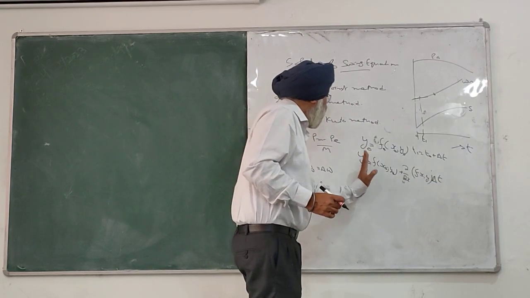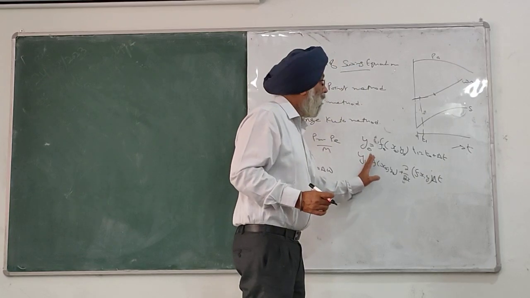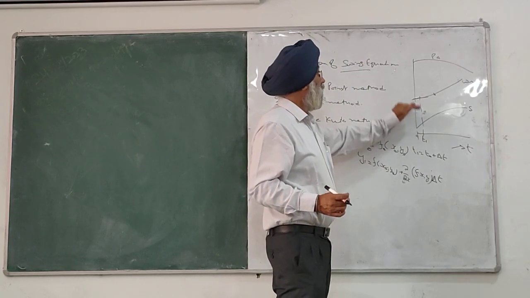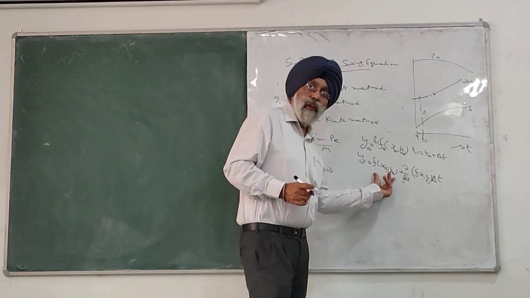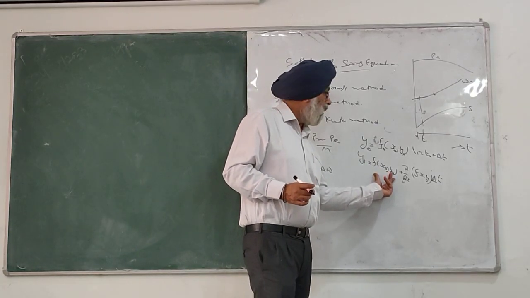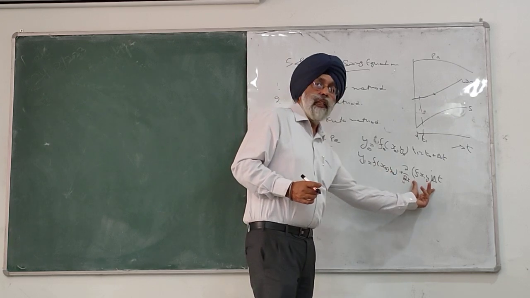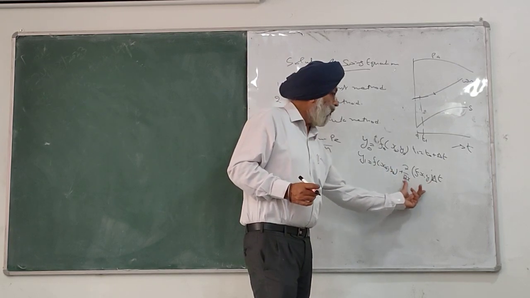So the new value of y1, or new value of delta 1 or omega 1, will be equal to the old value of your function plus the correction.